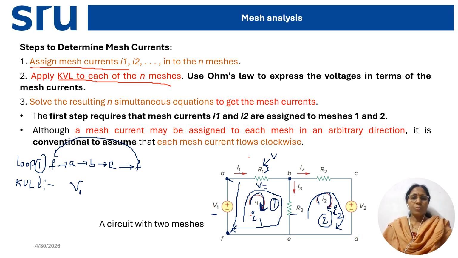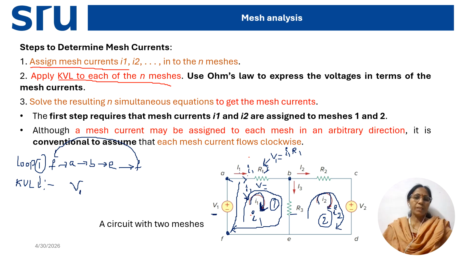Now what is the current? Already we discussed that the loop current is the same as the branch current. So the current is I1, the same as the loop current, small i1 here. The voltage across R1 is small i1 into R1.